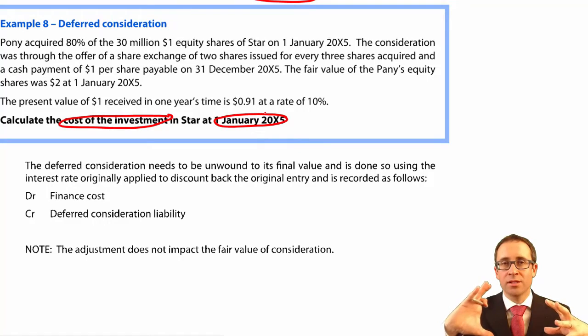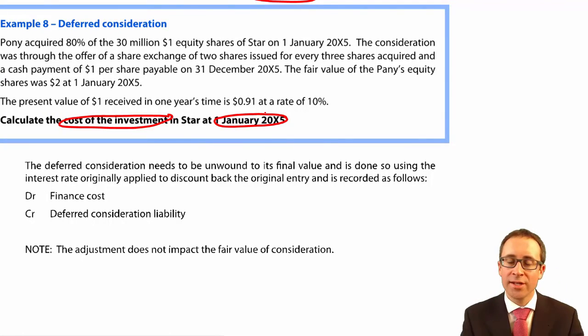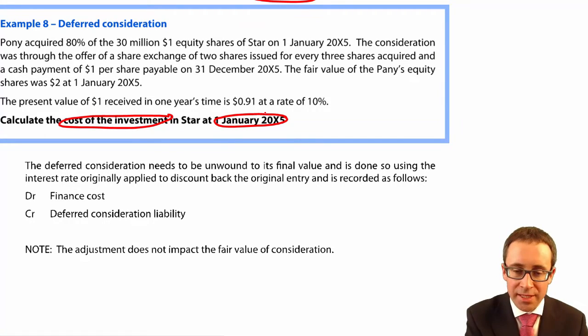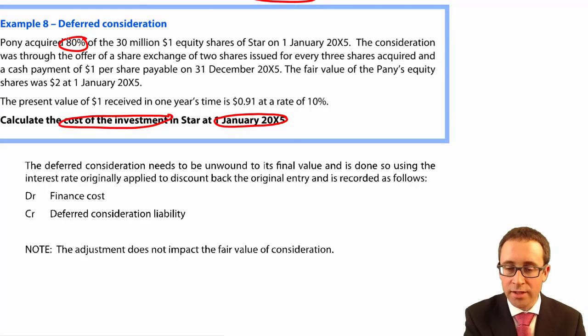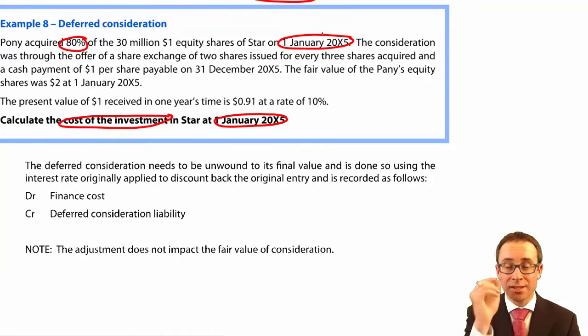If that's the case, we need to combine, say, the cash paid today or the share for share exchange with the deferred consideration to get the total cost of the investment, the total fair value of consideration. So it says Pony acquired 80% of the 30 million equity shares of Start on the 1st of January 20x5. So that's today, isn't it?